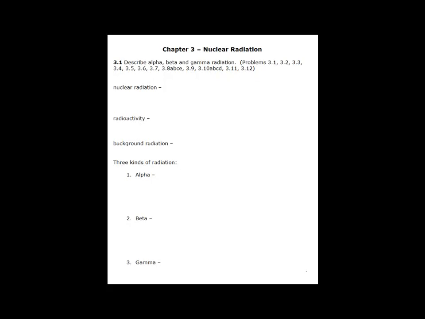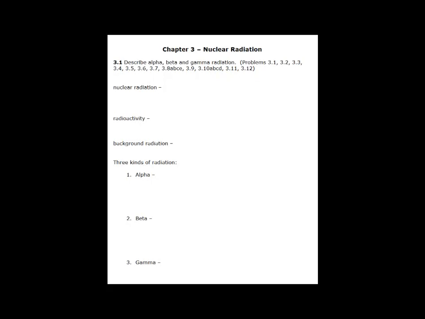So, to get started, we're going to define what nuclear radiation is. Nuclear radiation is when energy is emitted from an atom to become more stable. So these radioactive elements are unstable.